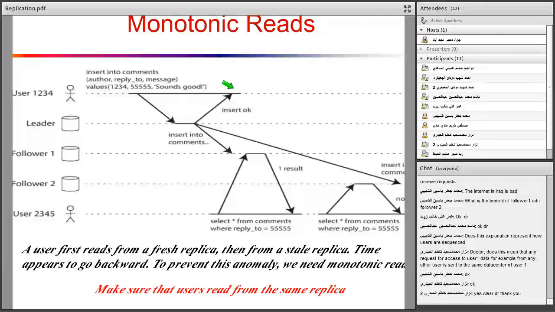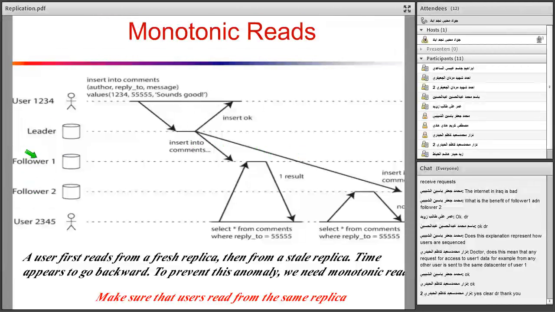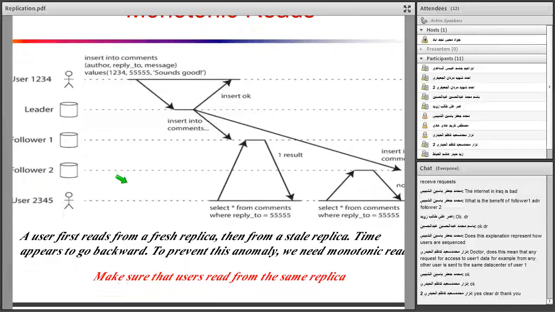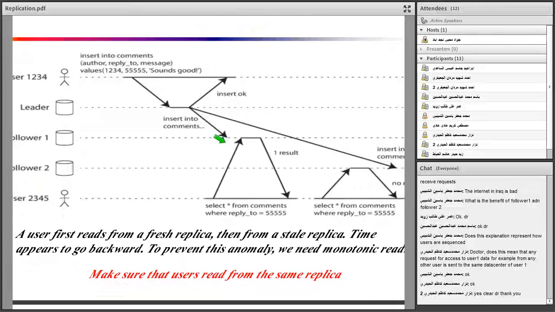We also know that the leader is responsible for sending the change log to all followers, to follower 1 and follower 2.